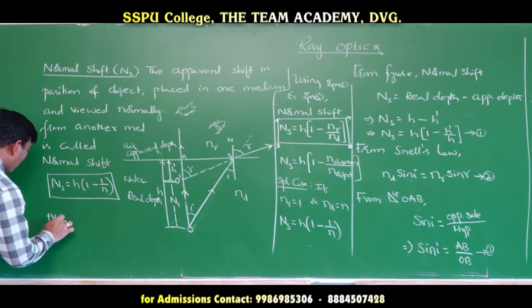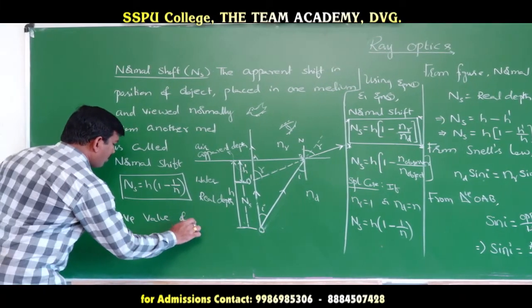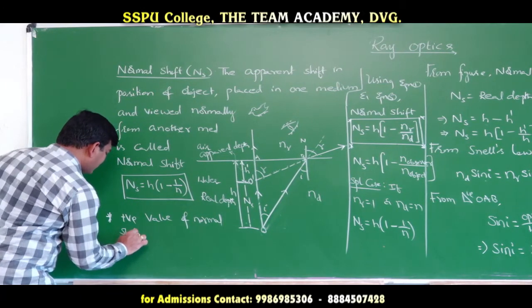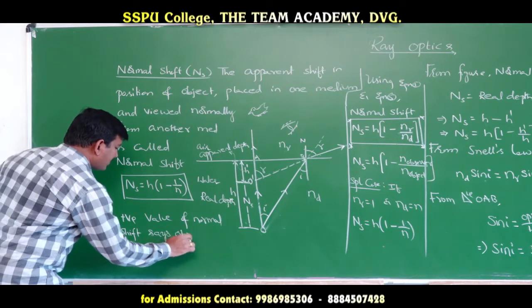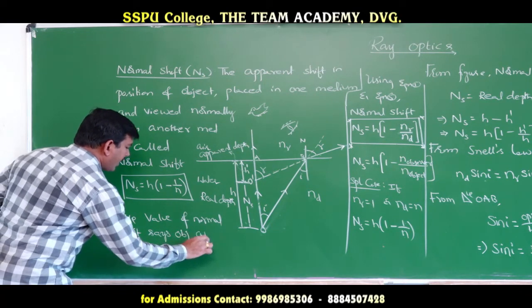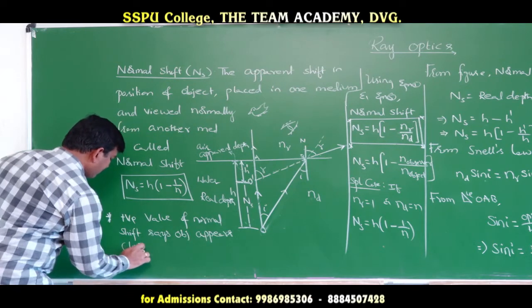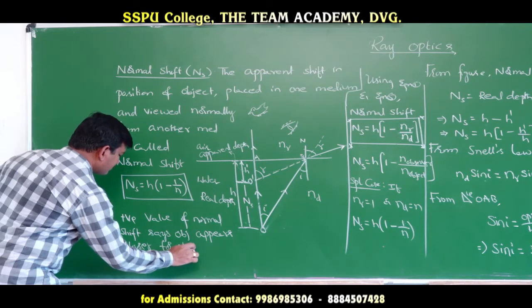Positive value of normal shift, important for competitive level exams, says the object appears closer for the observer.